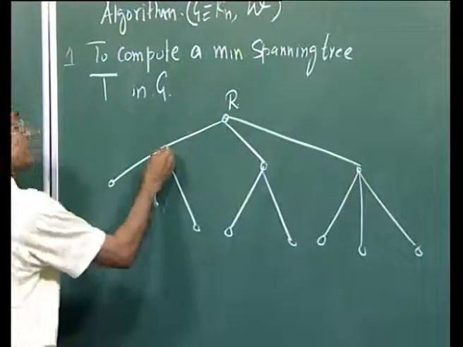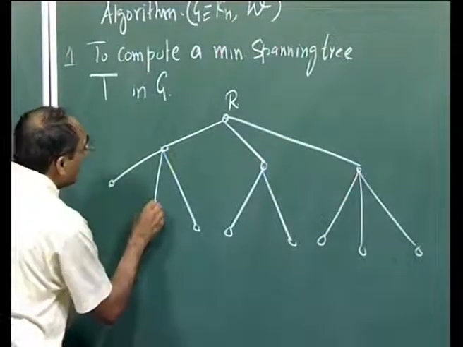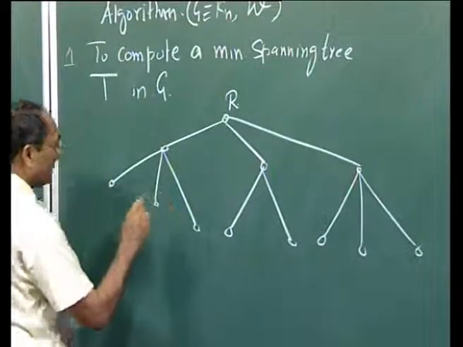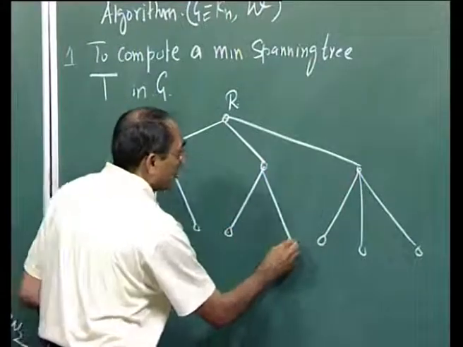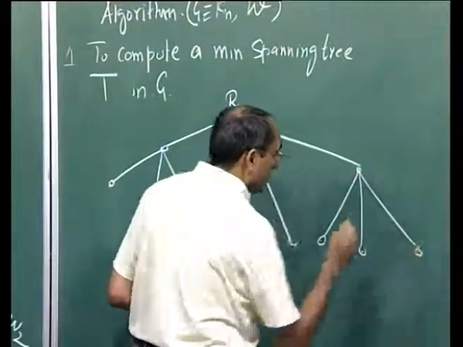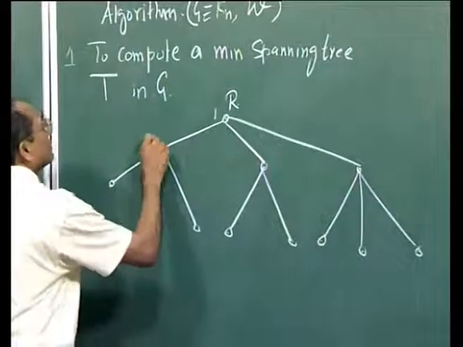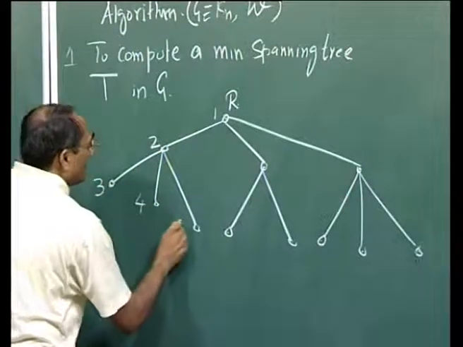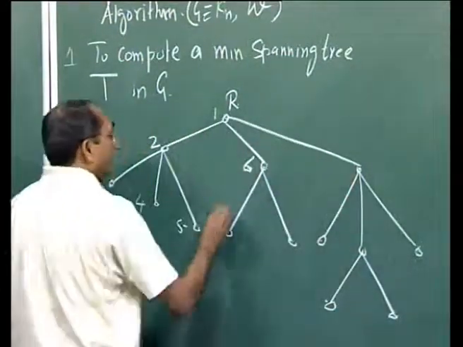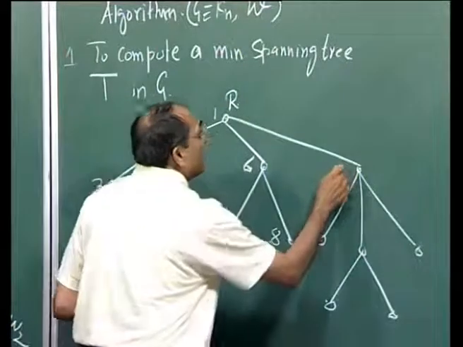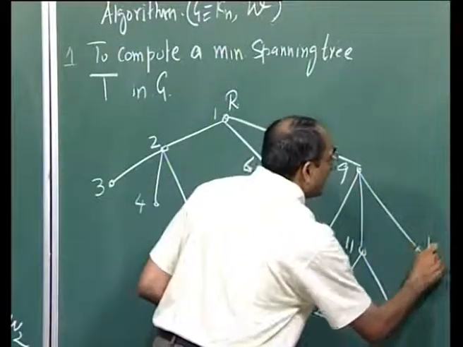We come here, then we come here, then we go to this one, then this, because these are the three subtrees of this. Then we come to this, and to this, and then to this, and this. So, let us now label them in the order in which we visited: first, second, third, fourth, fifth, sixth, and for the sake of an example, 7th, 8th, 9th, 10th, 11th, 12th, 13th, and 14th.